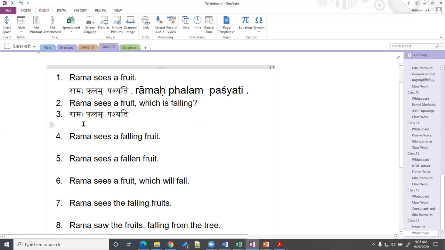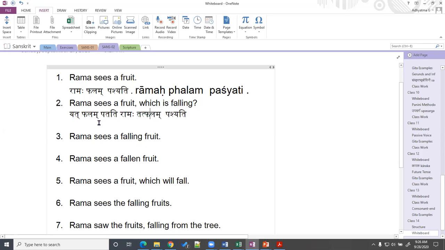How will it change? You will say the fruit which is falling, yat phalam patati. Patati is for the falling. Yat phalam patati, Ramaha tat phalam pashyati.